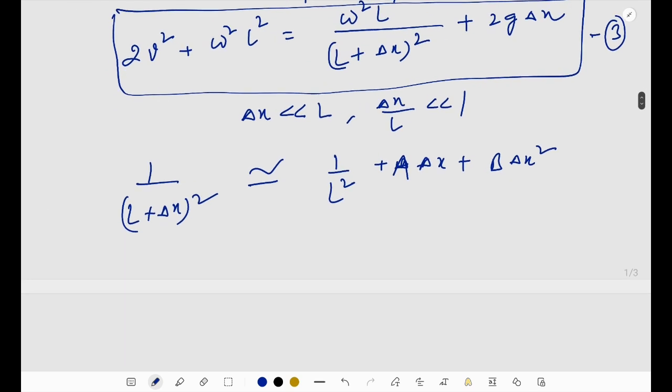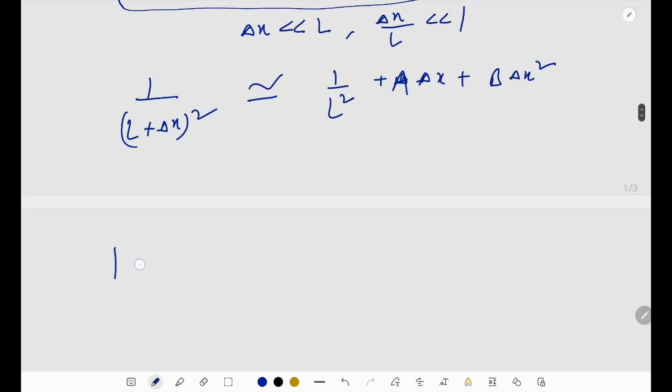And so I'm going to write this equation further as 1 is approximately equal to 1 upon L. I need the term till delta x square, so I'm going to write 1 is approximately equal to 1 by L square multiplied by L square plus 2L delta x plus delta x square plus a delta x.